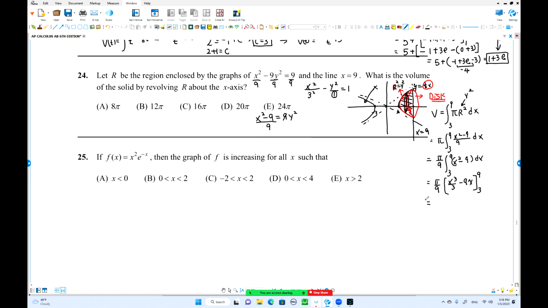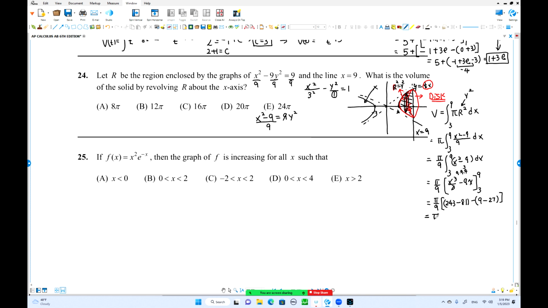Okay, put the number 9 in for x. 9 cubed is 729, divided by 3 is 243, okay? And minus 9 times 9 is 81. Then subtract 3 cubed, which is 27, divided by 3 is 9, and also 9 times 3 is 27, okay?